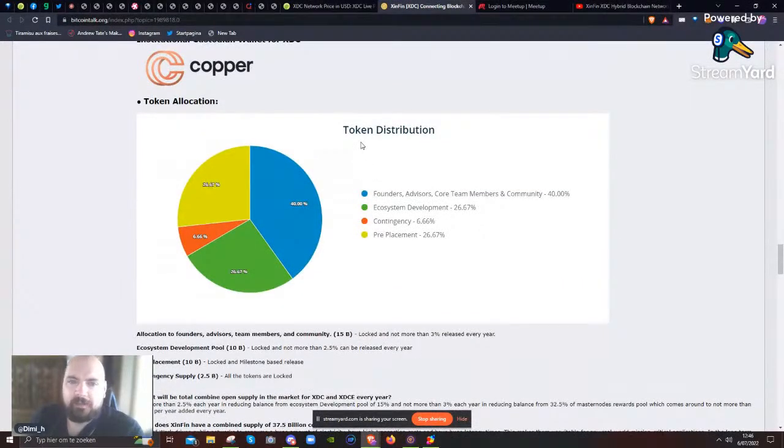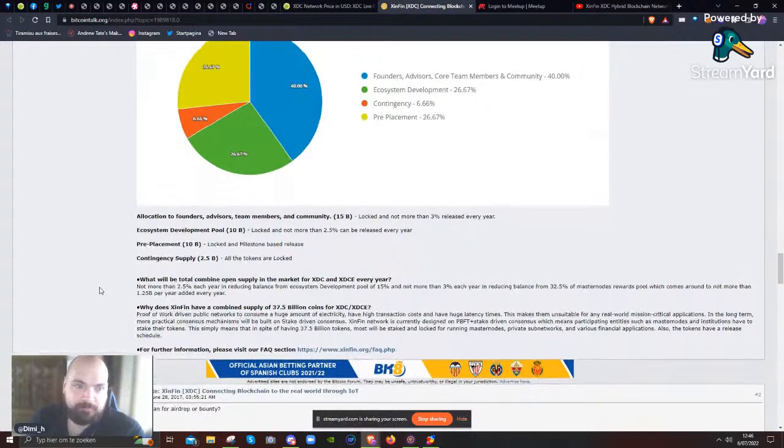Aha. Token distributions. First time I'm seeing tokenomics here. Founders, advisors, core team members, more than 40%. Ecosystem development, 26%. That's 66%. This is the same group, guys. Contingency, 6.66% added. It belongs to the advisors and core team members. Pre-placement, 26%.